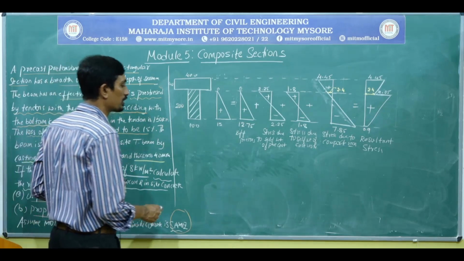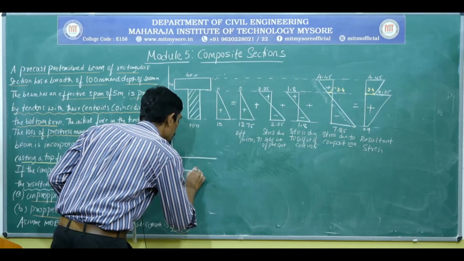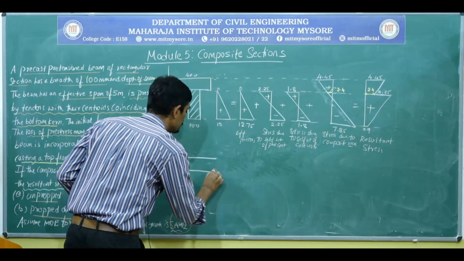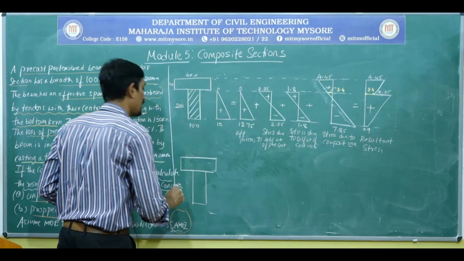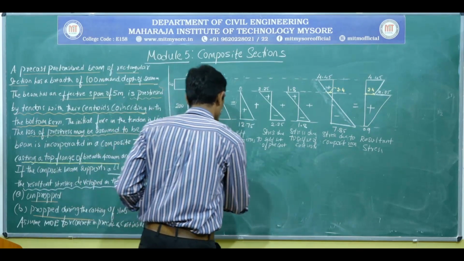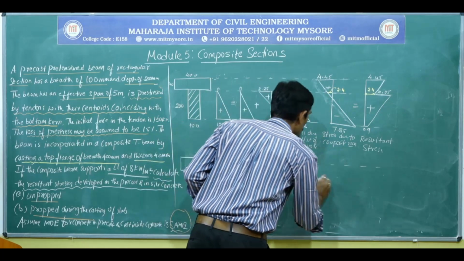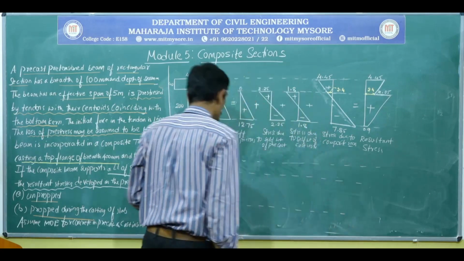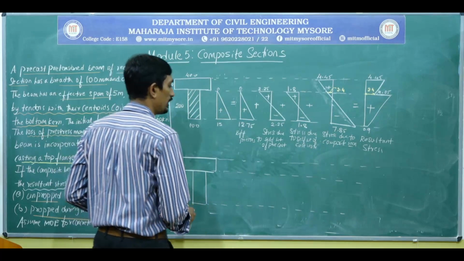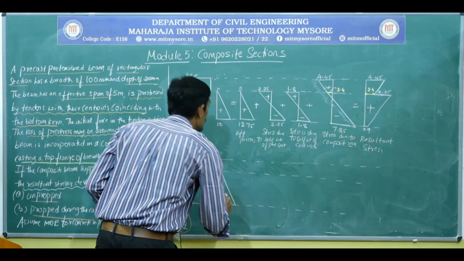Now let me draw for the propped case. Everything remains same. The only change is the self-weight of the cast in situ slab. Let me write down the same thing, no change.